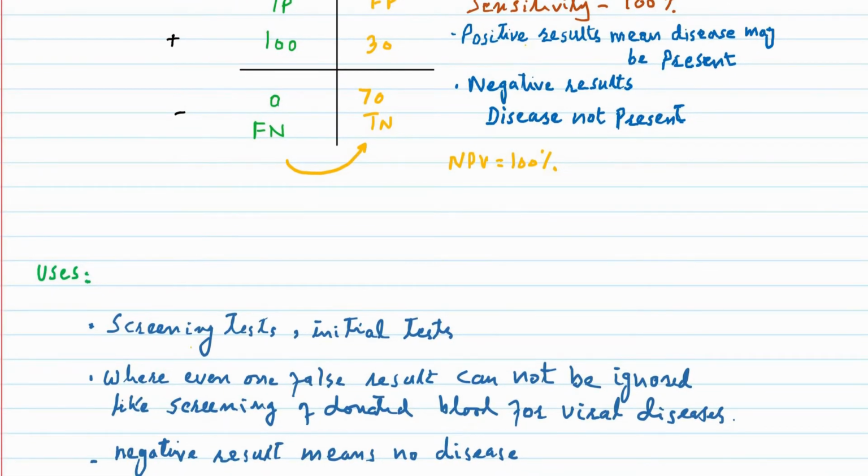We use tests with very high sensitivity as initial tests, and this will include all the people with disease, and then we can perform further tests to confirm if the result is true positive or false positive. Similarly, such tests are also used in screening programs.